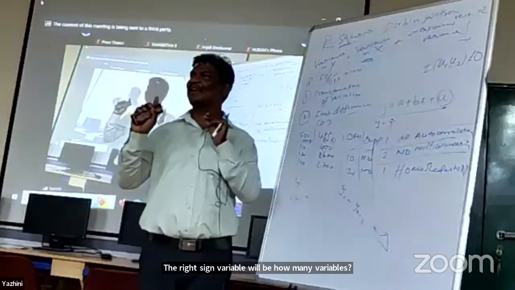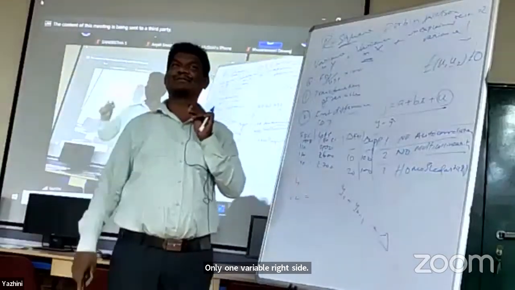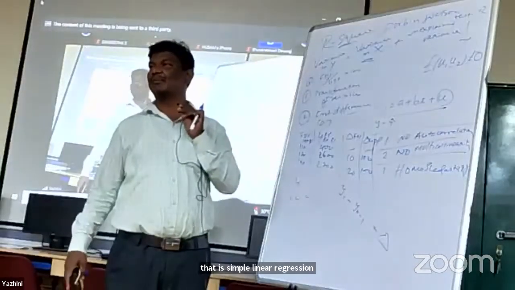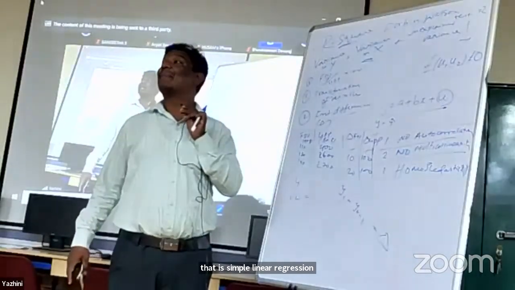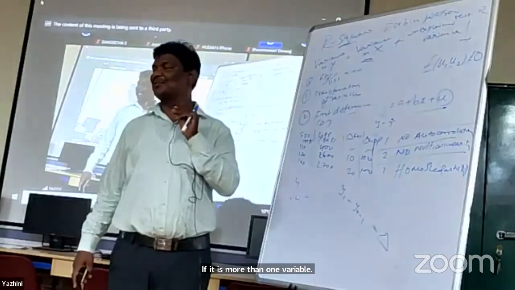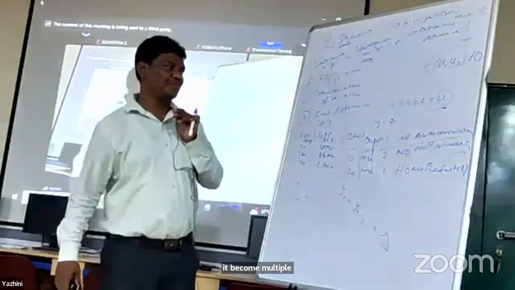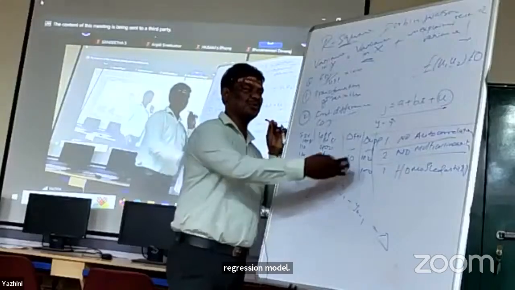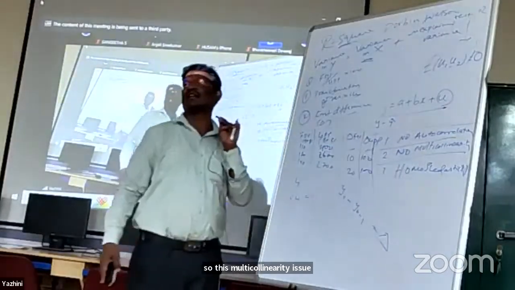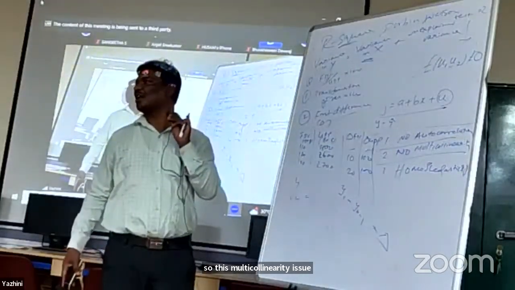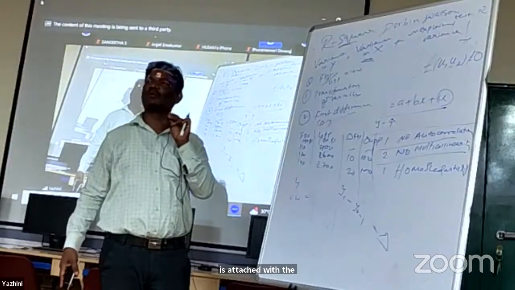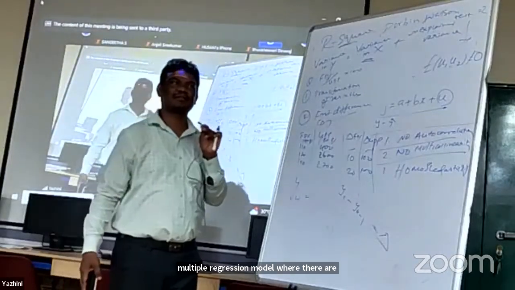That is a simple linear regression model. If it is more than one variable, it becomes a multiple regression model. So this multicollinearity issue is attached to the multiple regression model, where there is more than one variable on the right hand side.